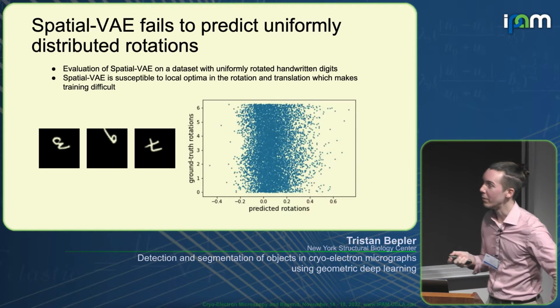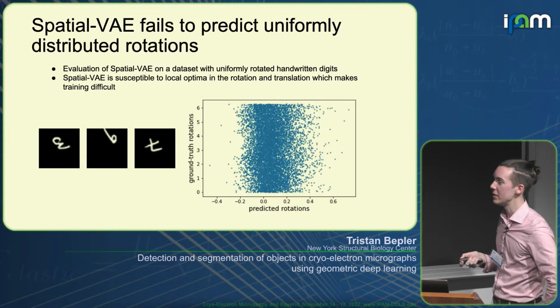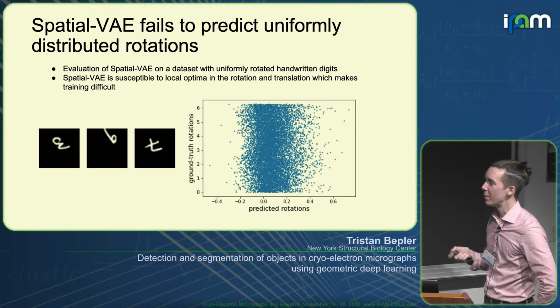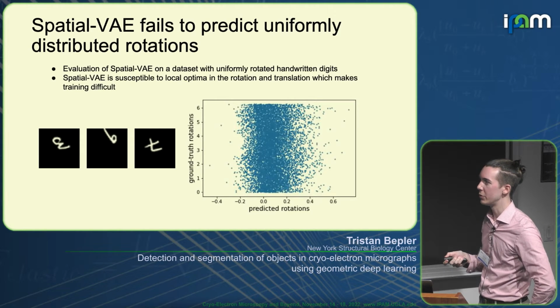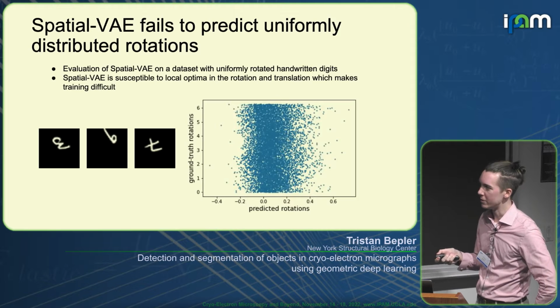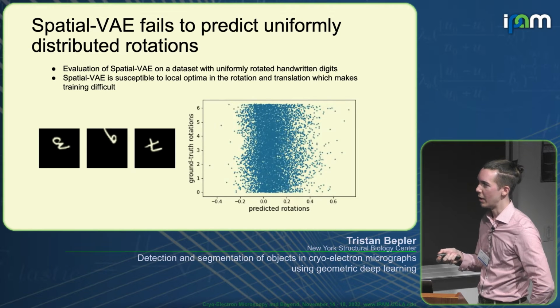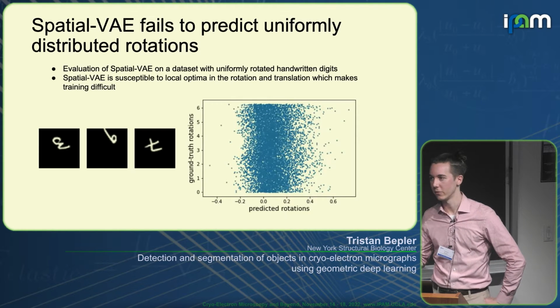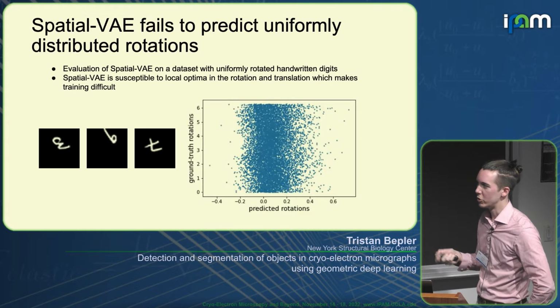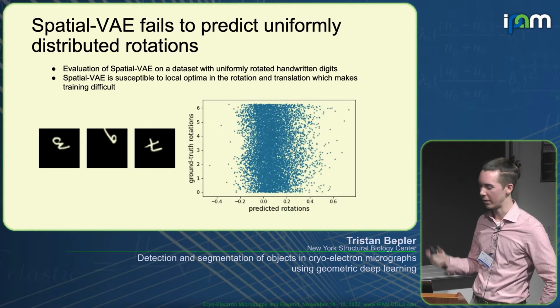To show you a quick example, when we were first looking at this work with spatial-VAE, if you take even a really simple data set like MNIST, and you rotate the digits uniformly, so I take all of the digits in this data set, apply some random uniform rotation to them, apply a little bit of translation, and try to train this framework in the naive way, it completely fails to learn the rotations. Completely fails, just because this network is not good at this problem. It gets trapped in some very bad local optima and just cannot learn this.